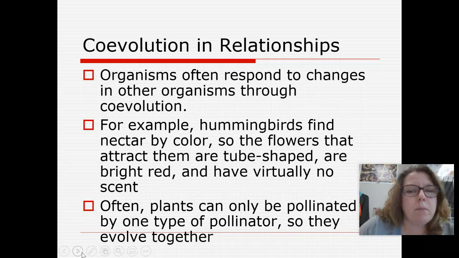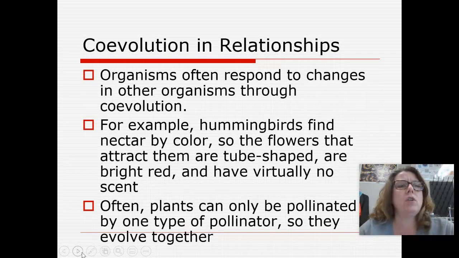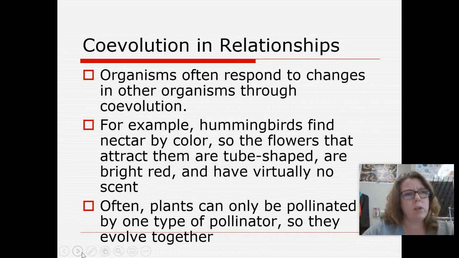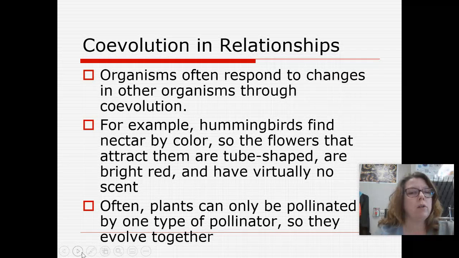When relationships do happen, often you get coevolution between the organisms in those relationships. So, for example, you have the mutualistic relationships between birds and the plants that they pollinate, or bees and the plants that they pollinate. But here, if you look at hummingbirds, they find nectar by color.